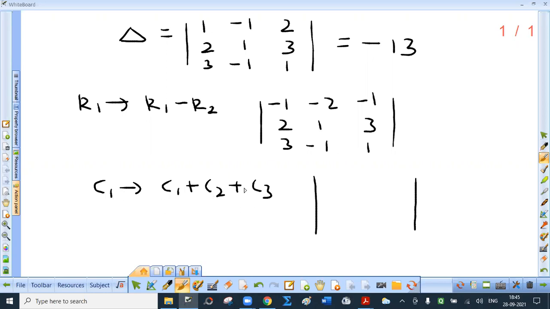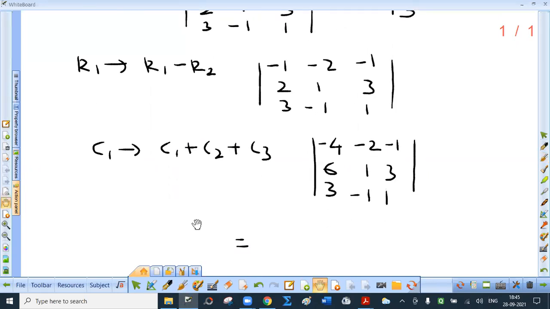So C1 changes. Can you tell me what is the new C1? Add all these column elements. So just check this. It is minus 4, 6, 3. Second column as it is. Third column as it is. Expected value of the determinant is minus 13.